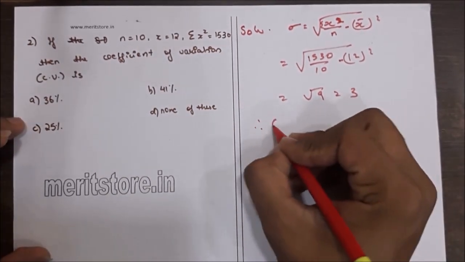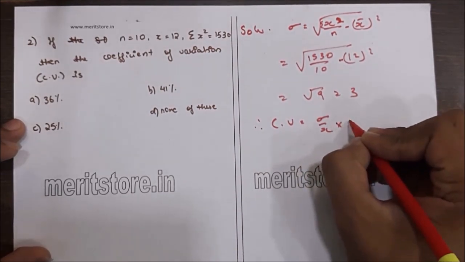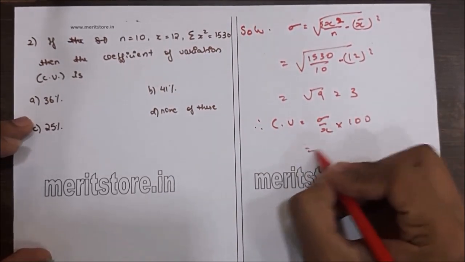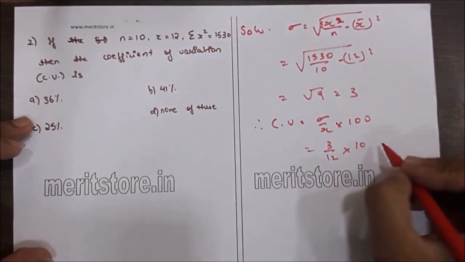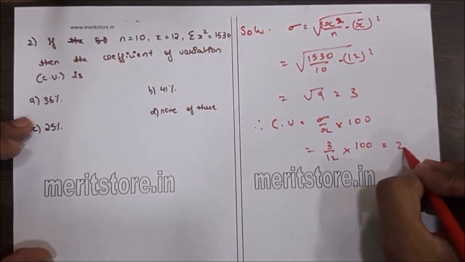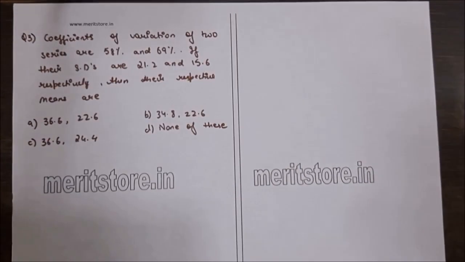Therefore CV is equal to sigma upon x bar into 100, that is equal to 3 upon 12 into 100, that is equal to 25%. Therefore option C is correct.